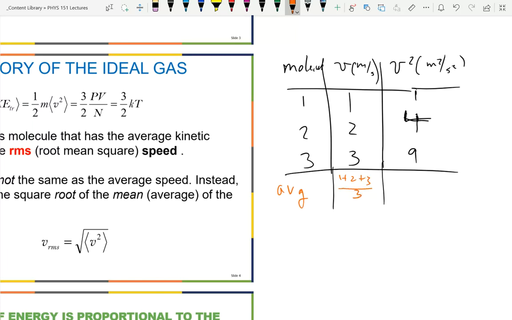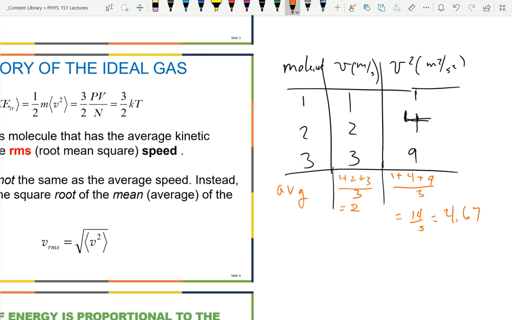And so that's 6 divided by 3 is 2. Now, what's the average of the speeds squared? 14 divided by 3. Okay, 4 2/3.